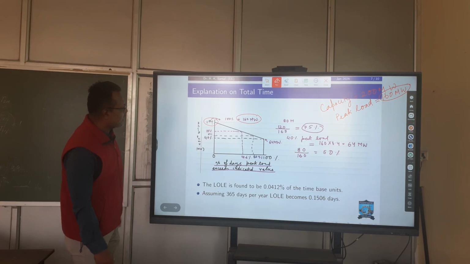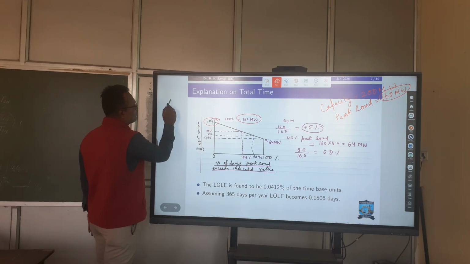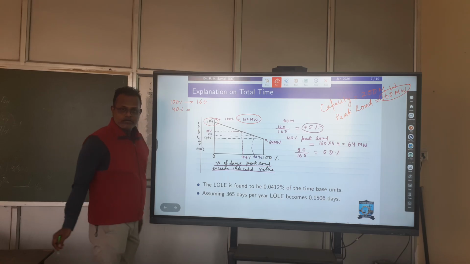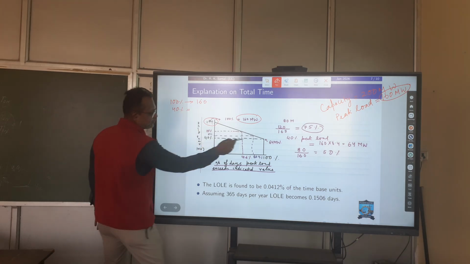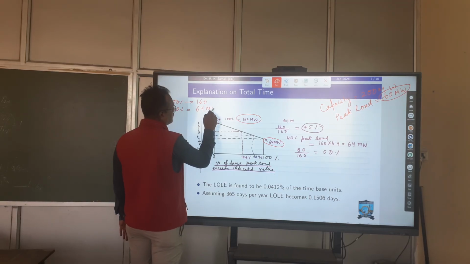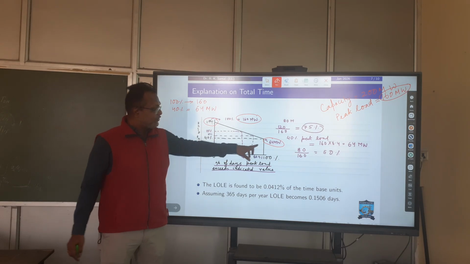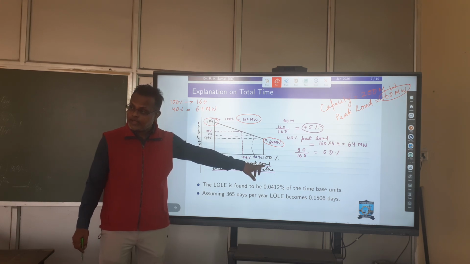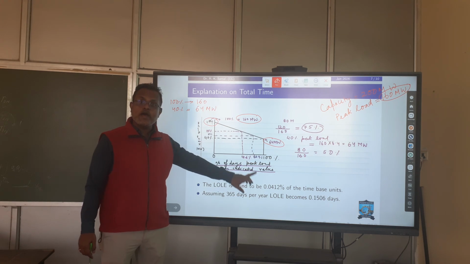So if 100% is 160, what is 40%? 160 into 0.4, which is 64. Remember that 64 megawatt is available 100% of the time. So 64 into 1.